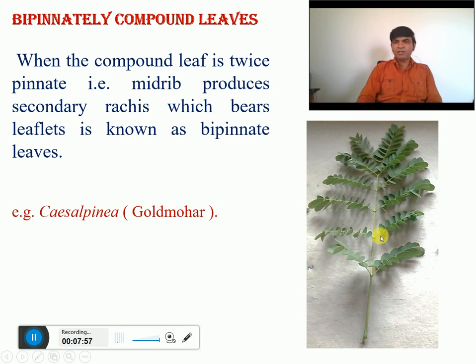Here is also a secondary rachis, and on these secondary rachis the leaflets are formed in pairs. Here it is twice pinnate, and on it there is a formation of a number of leaflets. That's why this is called a bipinnately compound leaf. For example, in case of Delonix regia or gulmohar, there is a formation of bipinnately compound leaf.